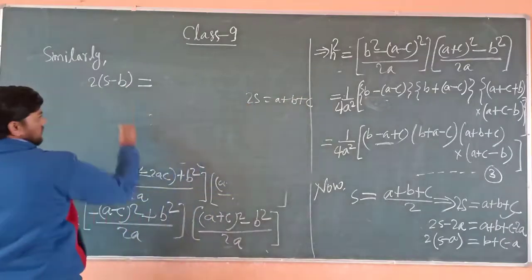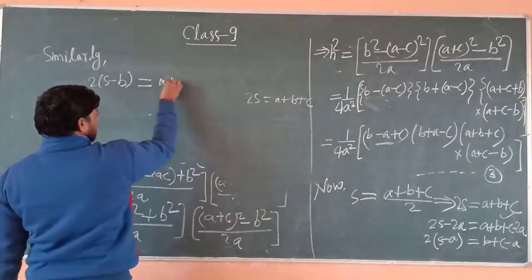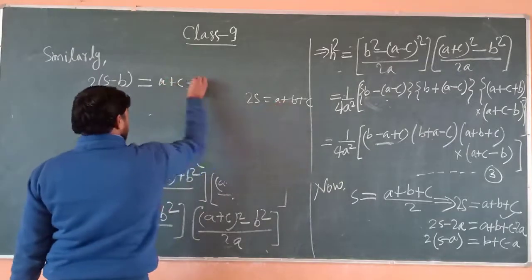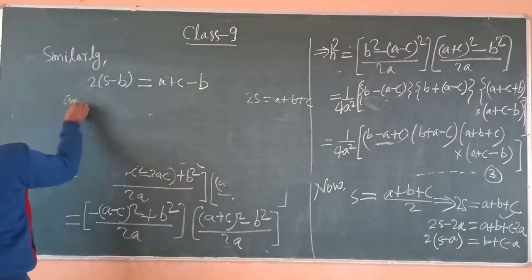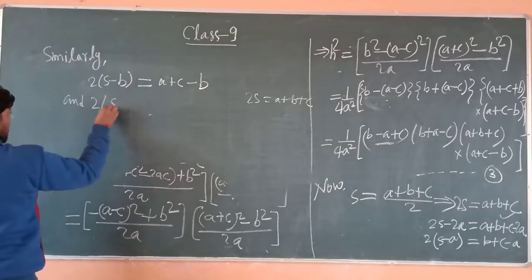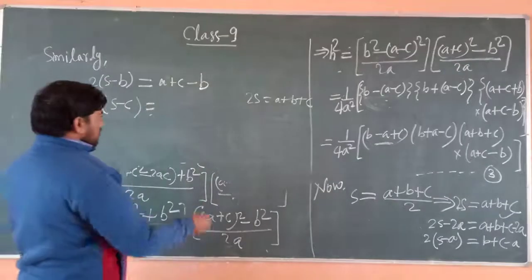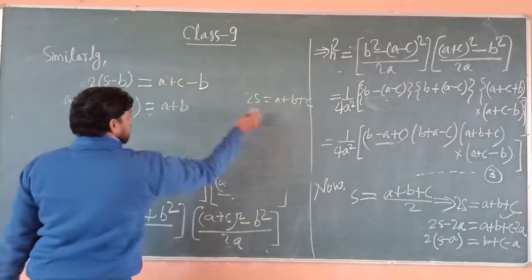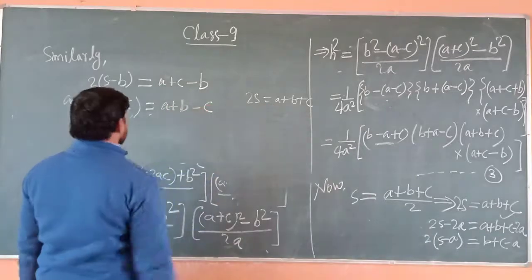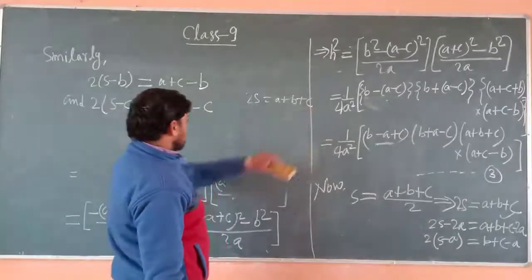And 2 into (s minus c) is equal to a plus b minus c.